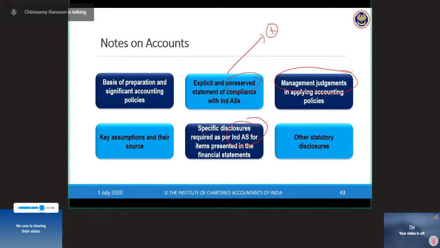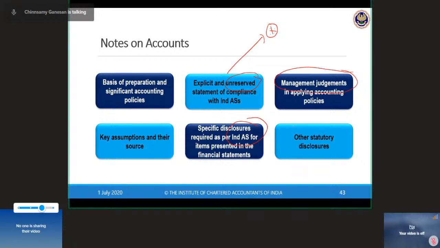Sometimes some specific law requires some disclosure. For example, there is a law called MSME disclosure rules, where there are dues which are required to be disclosed. If it is due to a micro, small and medium enterprise, what is the amount due, whether it is outstanding for more than 45 days, all those things have to be disclosed.